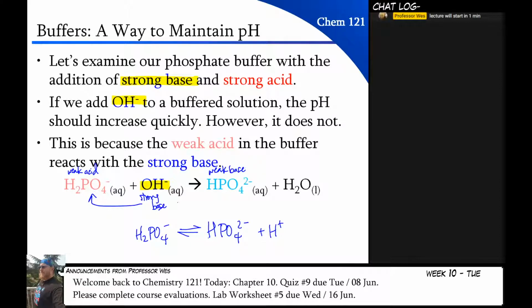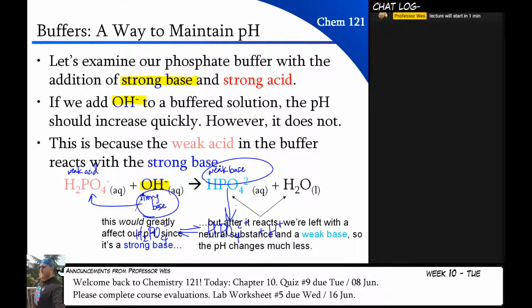So instead of the strong base being in the solution, which changes the pH rapidly, it instead immediately reacts with something and produces more of this, which already existed in the buffer anyway. So we have taken the OH minus and tied it up by reacting it with the weak acid. And in doing so, we produce more weak base, which was already in the solution anyway, so the pH change is negligible.